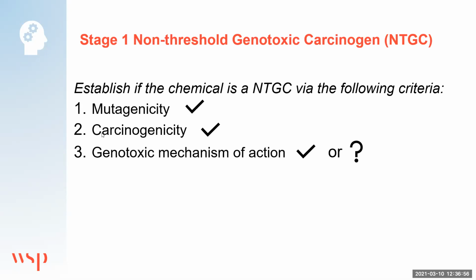Now, criteria 1 and 2 were a must, but for some chemicals there was insufficient data on the mechanism of action of tumor formation. The chemicals that ticked 1 and 2, and we didn't quite know about 3, were assumed to be genotoxic carcinogens until proven otherwise. Erring on the side of safety there.